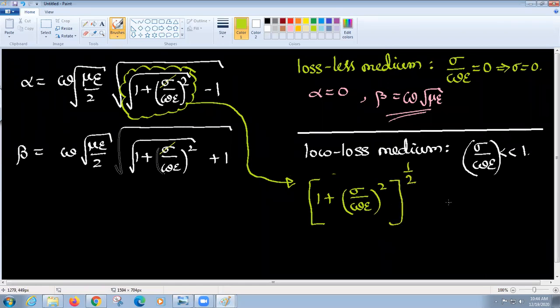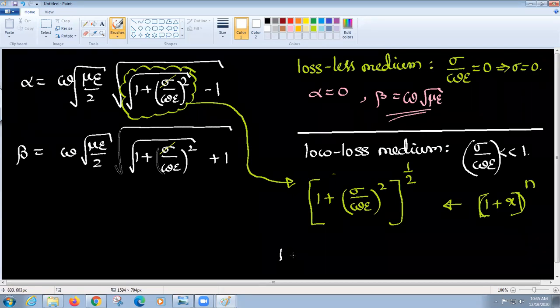So you just compare with this. It is something like 1 plus x power n, this is the structure of it, with n equal to half. Just expand this now.